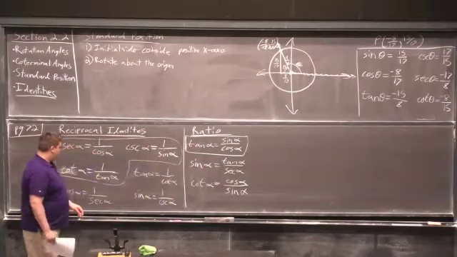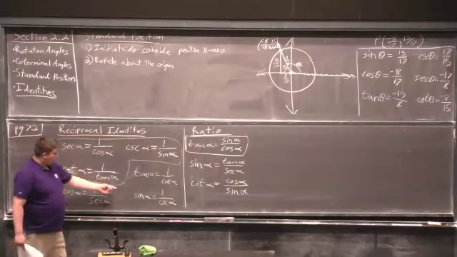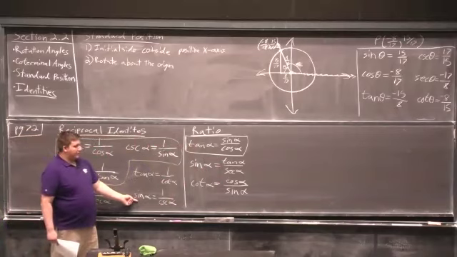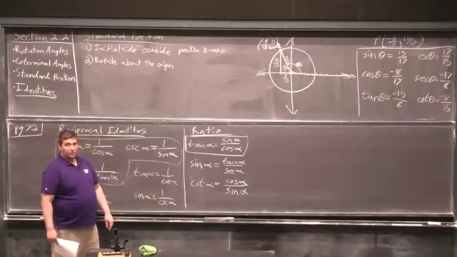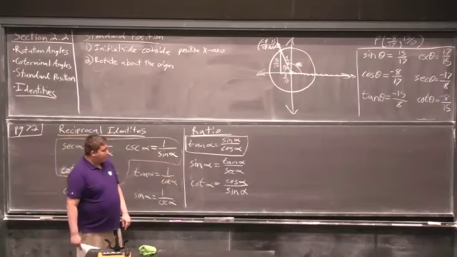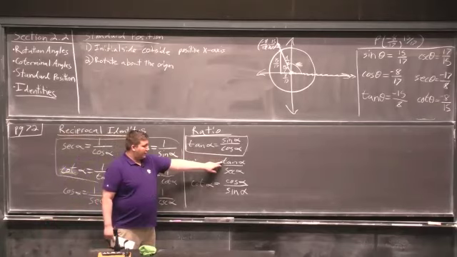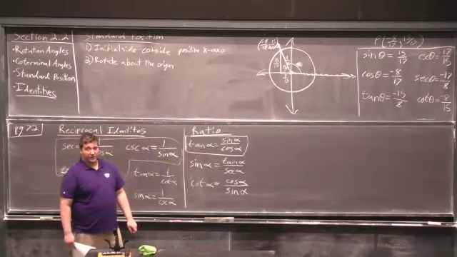We have sine here being equal to cosecant. Well, what is cosecant? It's 1 over sine. Well, here I have tangents, and tangent is sine over cosine, and I'm dividing by a secant, which is 1 over cosine.